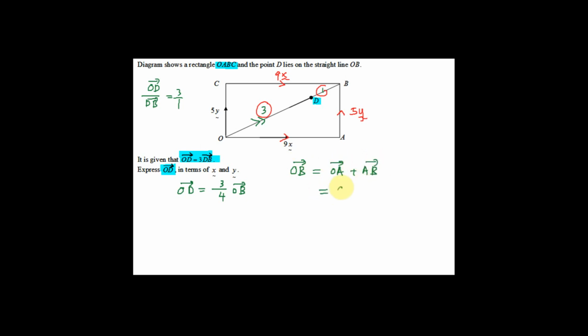So we know that OA equals 9x, and we know that AB equals your OC, which is 5y. Now you substitute into this, you have 3 over 4 (9x plus 5y). This equals 3 over 4 times 9, you have 27 over 4 x plus 3 over 4 times 5, that is 15 over 4 y.